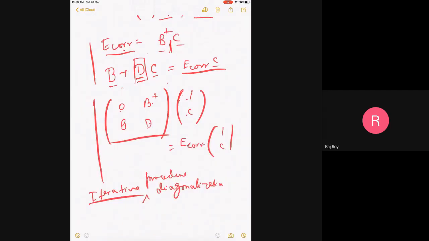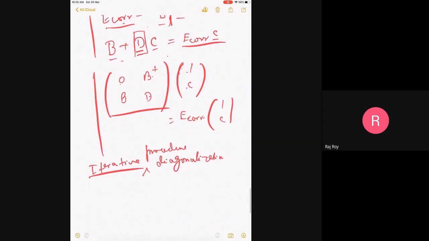So what do I do now? From this equation, I write an expression for C. So just see this expression. Column C is minus the square matrix D minus this identity square matrix times E correlation. So this means E correlation is actually subtracted from the diagonal, right?